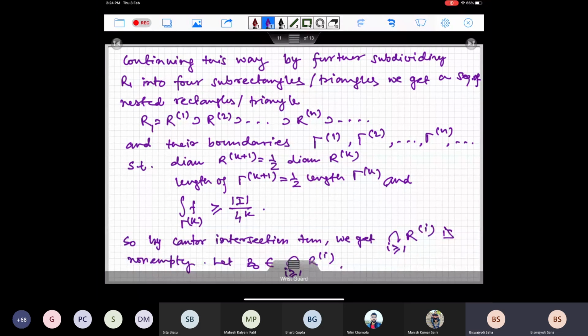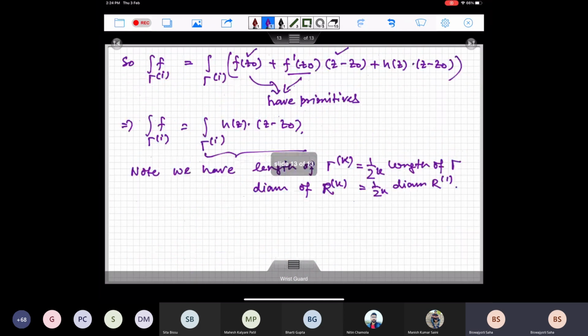At each stage I am getting reduced by half, so if I continue doing this, I am going to get half power k. So that should be gamma and r. The diameter of r k is 1 over 2 power k times the diameter of r. Because if I put k equal to 1, I should get the diameter of r1 is half of the diameter of r.